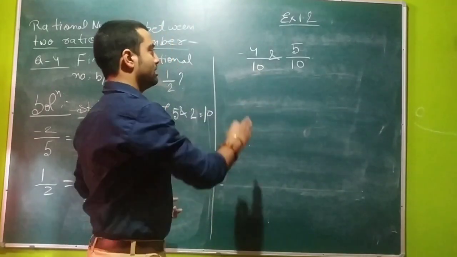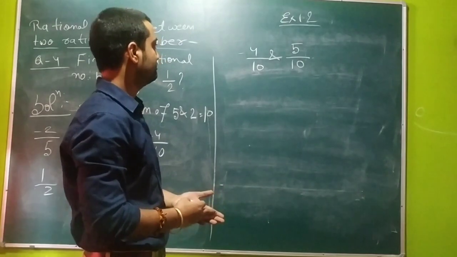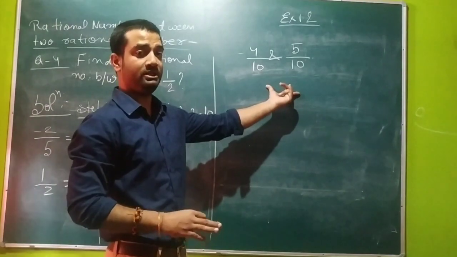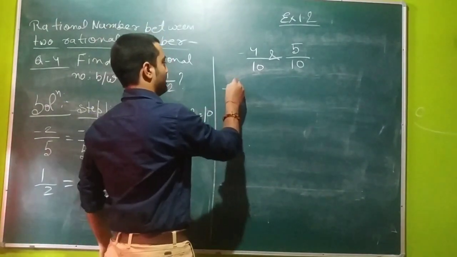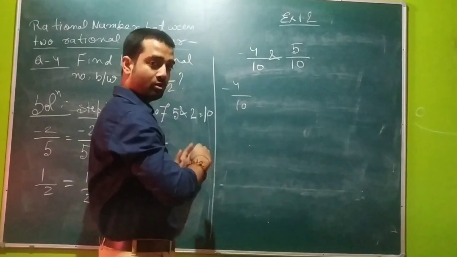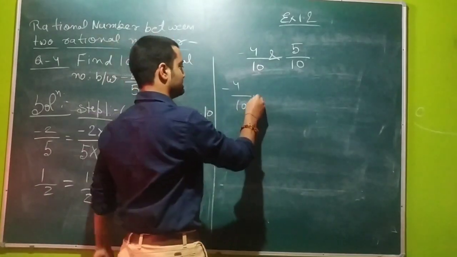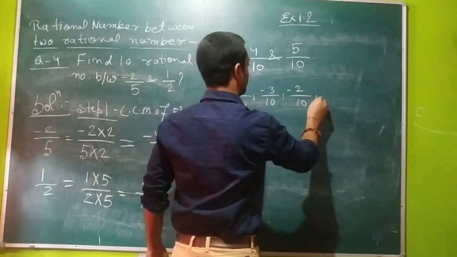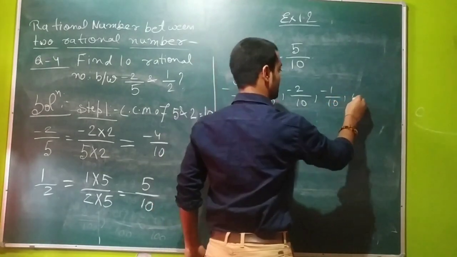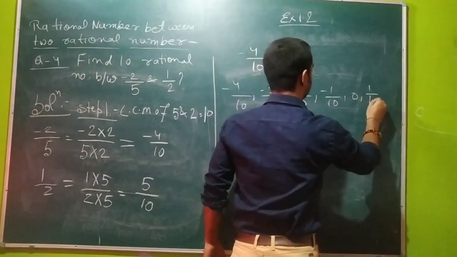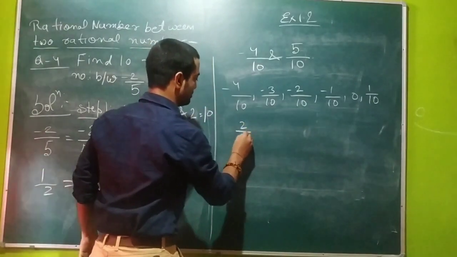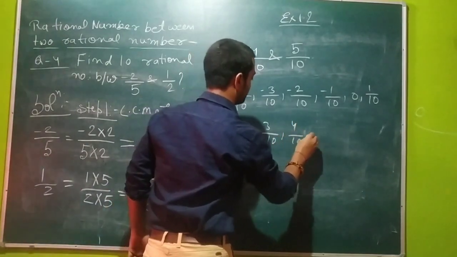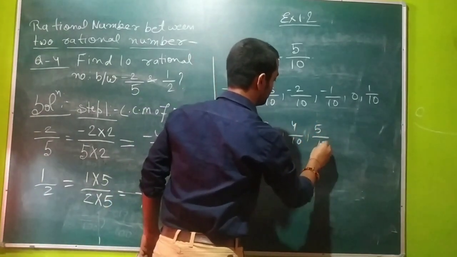But if we try to find the rational numbers between these two numbers, the maximum we can find is only 8. Let's have a look. After minus 4 upon 10, when we go on the number line towards 5 upon 10, the next numbers we get are minus 3 upon 10, minus 2 upon 10, minus 1 upon 10, then 0 will also be there, 1 upon 10, 2 upon 10, 3 upon 10, 4 upon 10, and 5 upon 10.